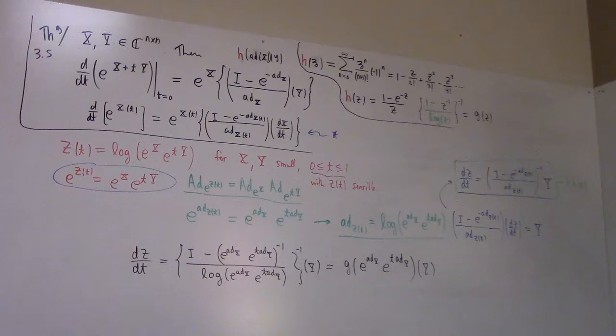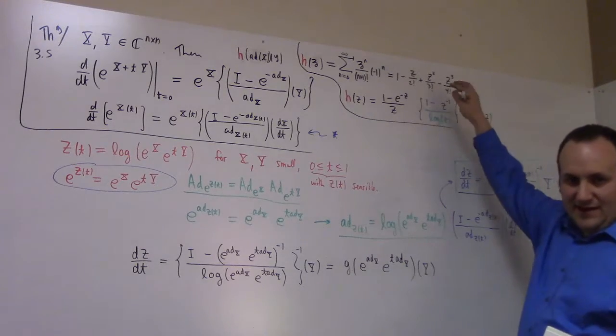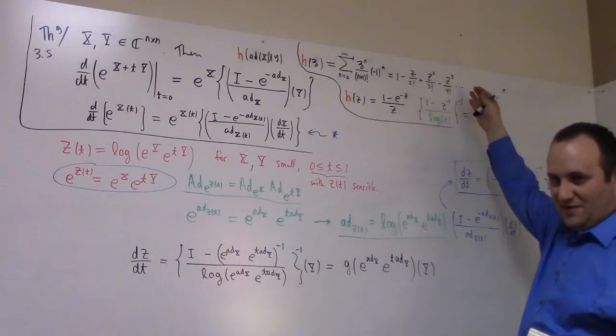All right, where was I? So we now have dz dt is equal to G of e to the ad x, e to the t ad y, and I guess the point is that's a formal argument. We're reciprocating functions in the complex domain here, right?